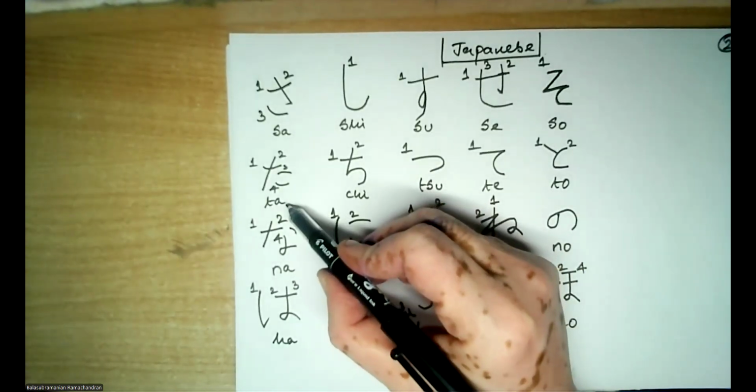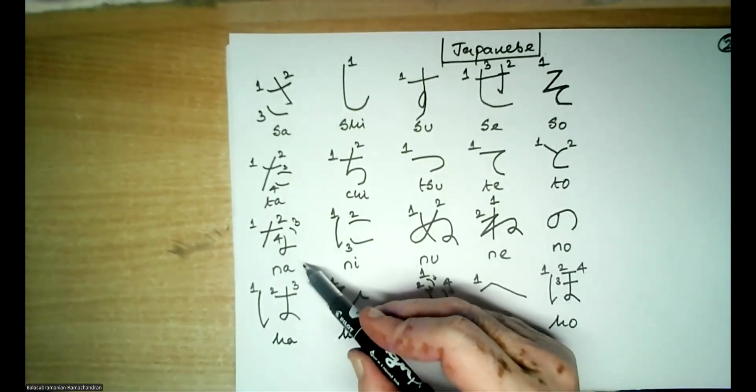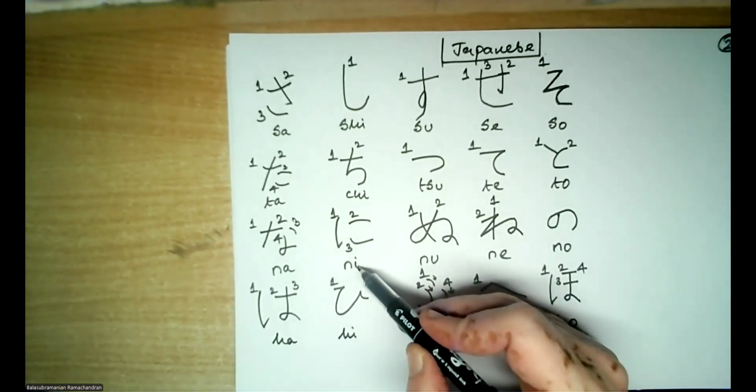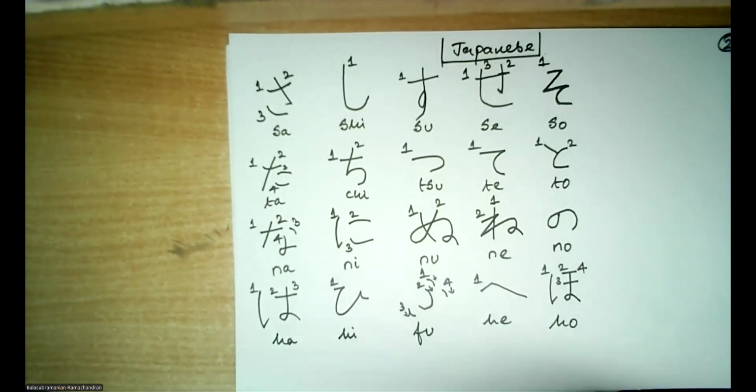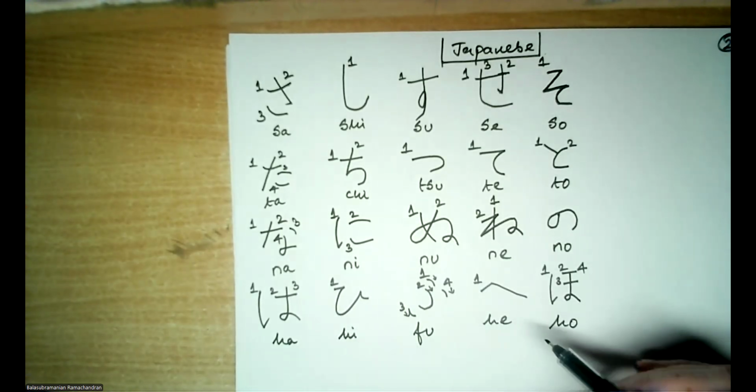Then the ta series: ta, chi, tsu, te, to. And then the na series: na, ni, nu, ne, no. And then the ha series: ha, hi, fu, he, ho.